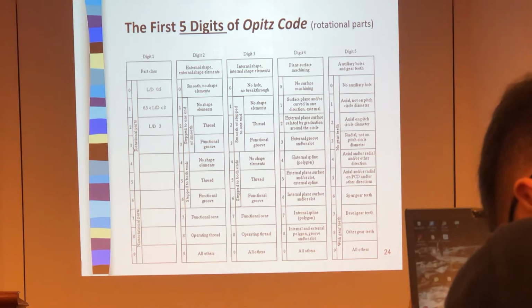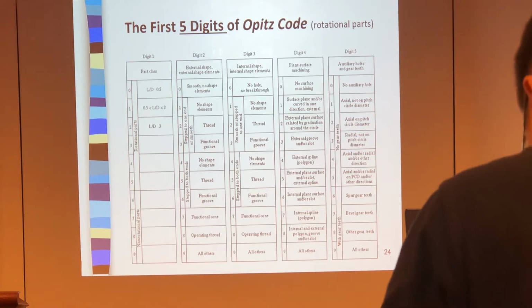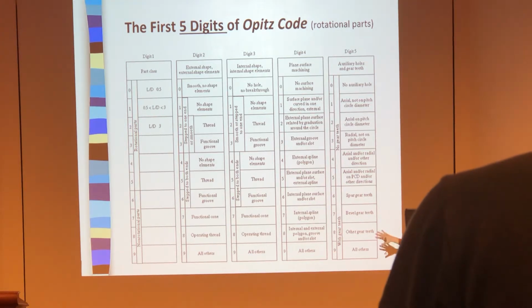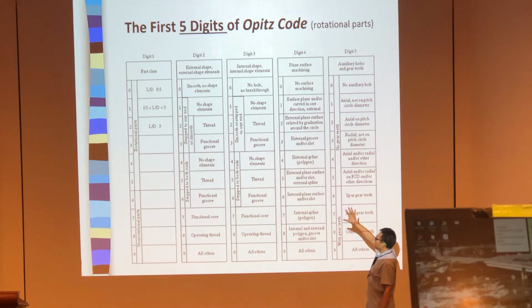I remember some students brought their printed materials, and some had 4 slides on a page and had trouble because they couldn't read. So you need to have something reasonably large and readable. Anyway, this page only covers the first 5 digits for rotational parts. Digits 6 to 9 are not covered.